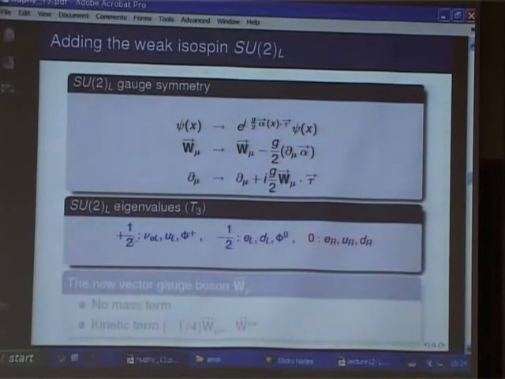So phi plus has plus half, phi 0 has minus half. So here are our doublets: electron and neutrino left-handed, up and down left-handed, and the Higgs, which is phi plus, phi 0. For these three, the value of T3 is plus half or minus half. For all other particles, for example all right-handed ones, the value of T3 is 0.